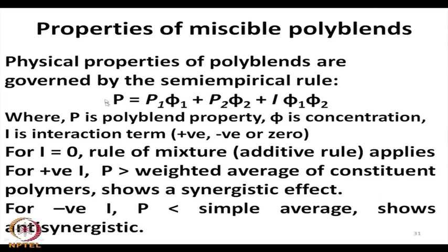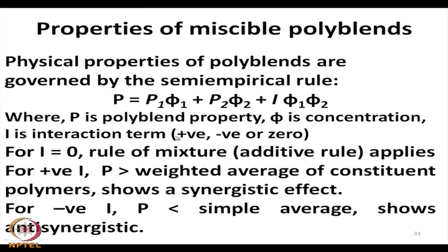P is the overall property of the blend, P1 is the property of component 1 polymer, P2 is the property of component 2 polymer, phi 1 and phi 2 are the volume fractions of the 2 polymers, and I is the interaction term.